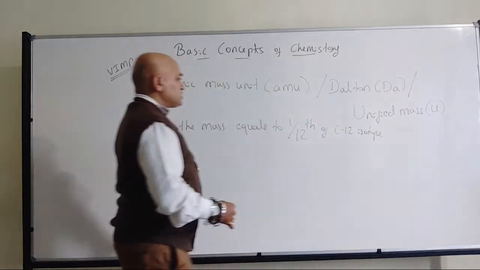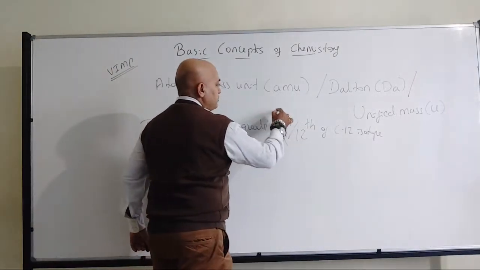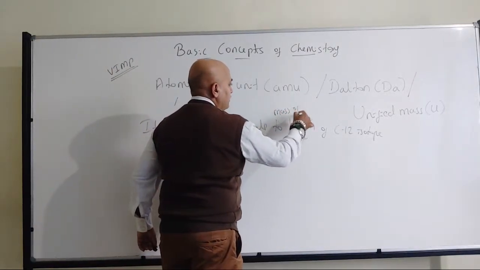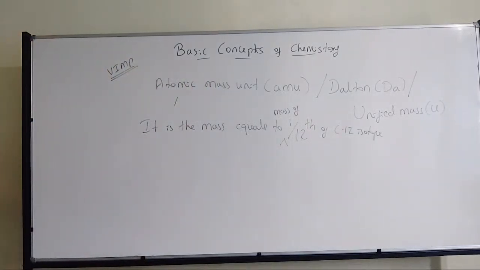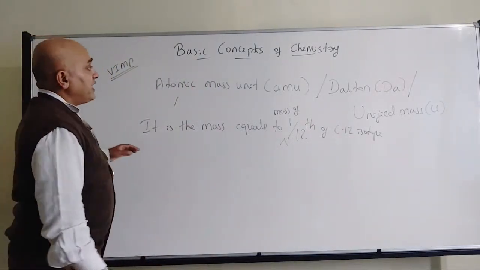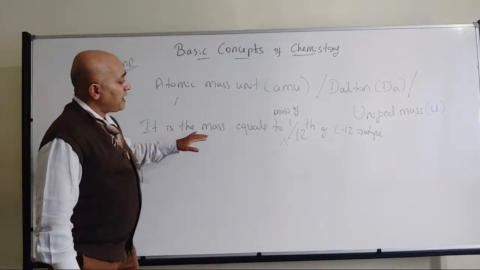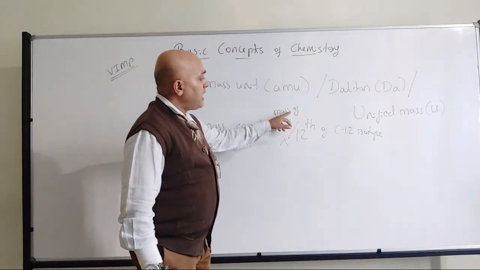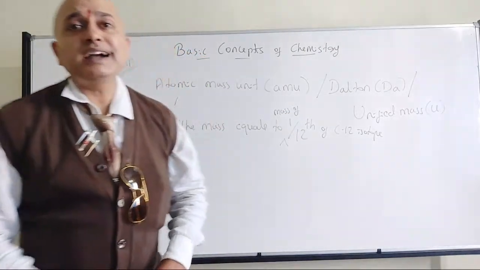It will be equal to the mass of 1 by 12 of the carbon 12 isotope. How to define the atomic mass unit? We can define it as the mass equal to the mass of 1 by 12 of carbon 12 isotope.